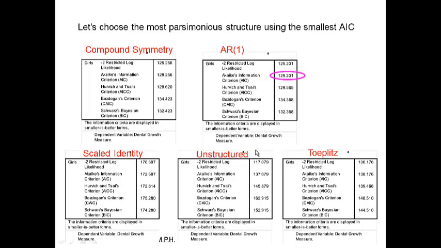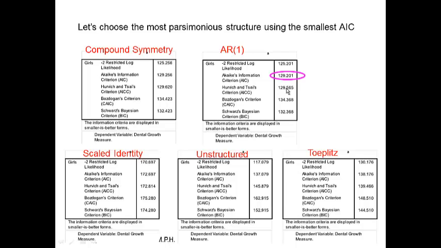Okay, so you might be wondering why it's not unstructured, since we thought unstructured gives the best fit. What happens with AIC is that you get penalized for including many parameters. We know unstructured provides the best fit, although it consumes 6 parameters.